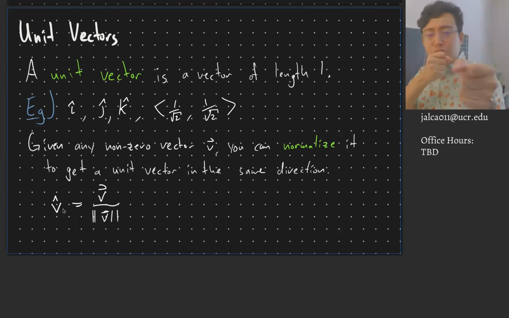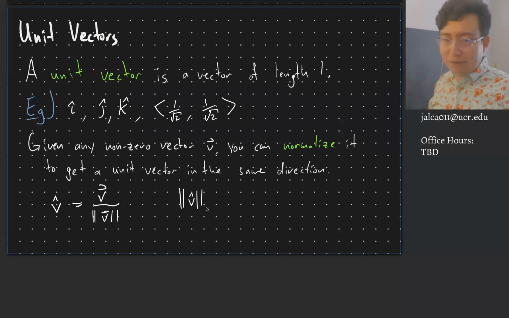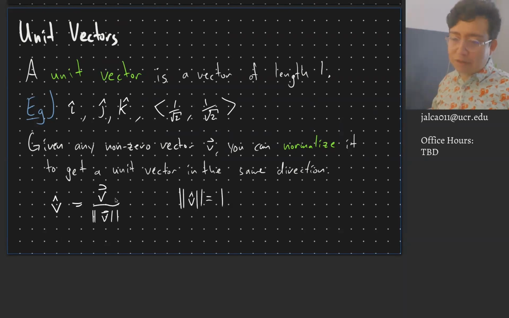You can double check, though no one ever actually does this, that the norm of this is always going to be 1, no matter what vector I plug in, except for 0. You can't plug in 0 here, so it says non-zero.